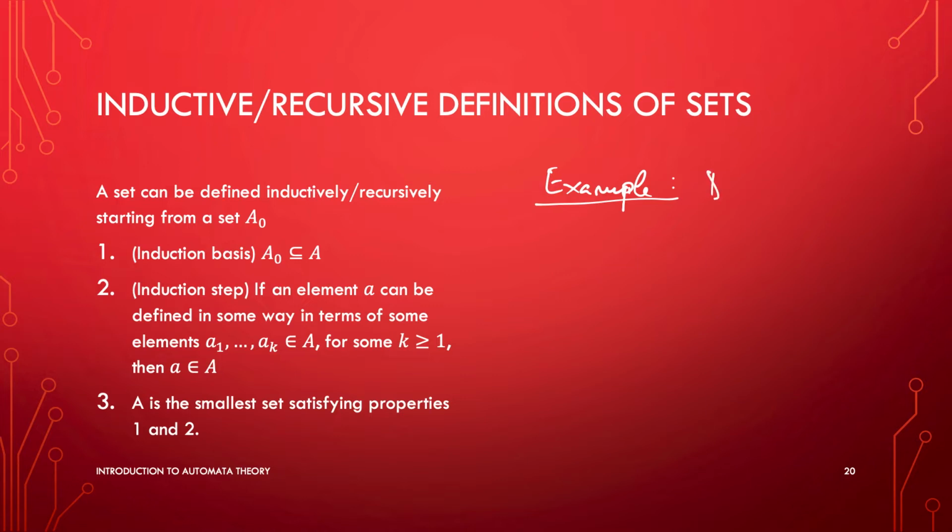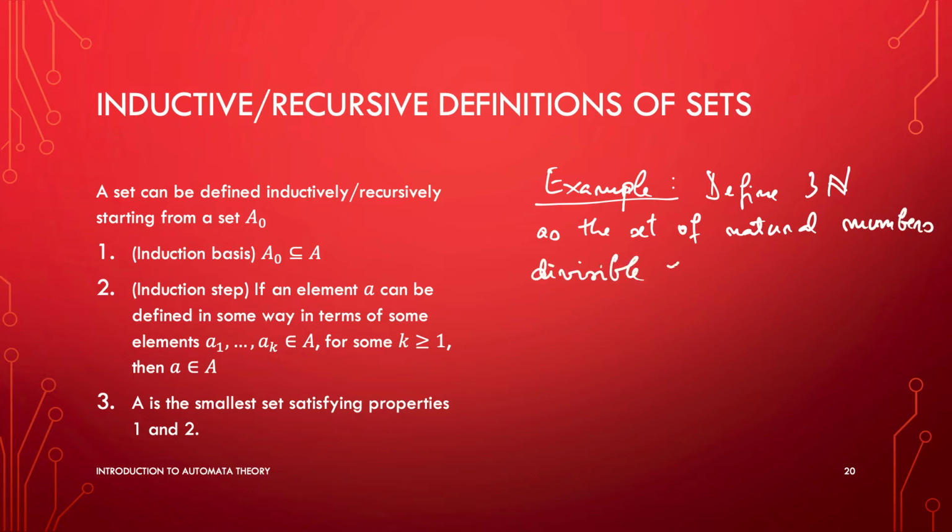I want to define the set. I'm going to denote this by 3N. So I'm going to define this set as the set of natural numbers divisible by 3. And obviously this can be defined in several different ways, but I want to follow this particular pattern I gave for a recursive definition.